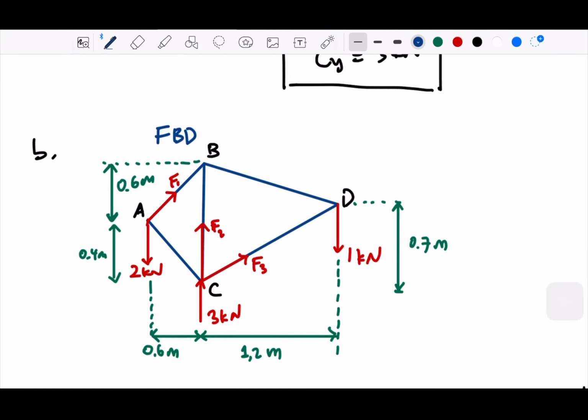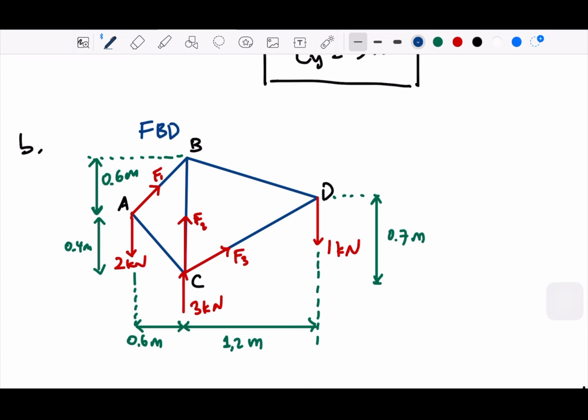After we get the free body diagram, to answer the second question, we need to first identify the internal forces F1, F2, F3 in the free body diagram. Another important thing is we describe the angle in between, right there, and also here, for F3 and F1.